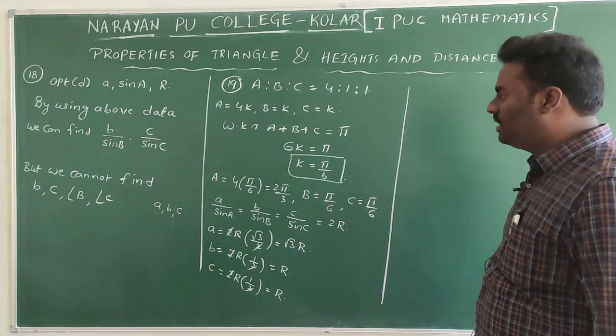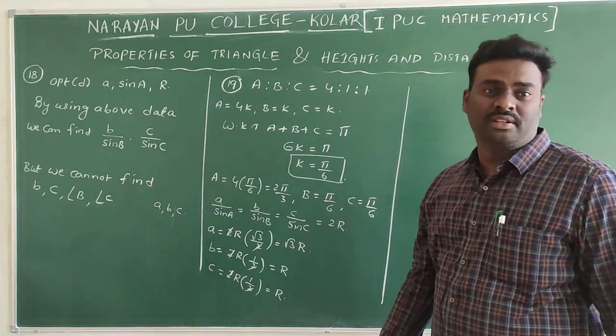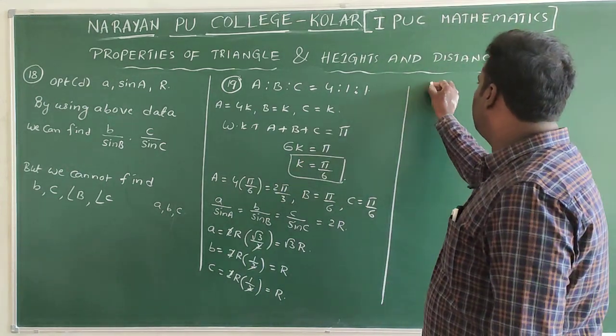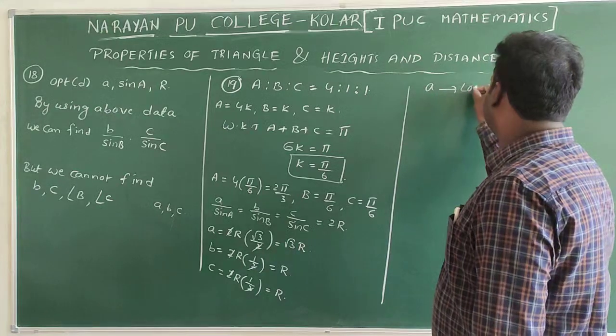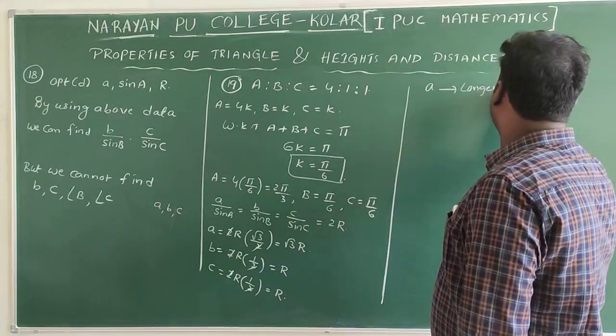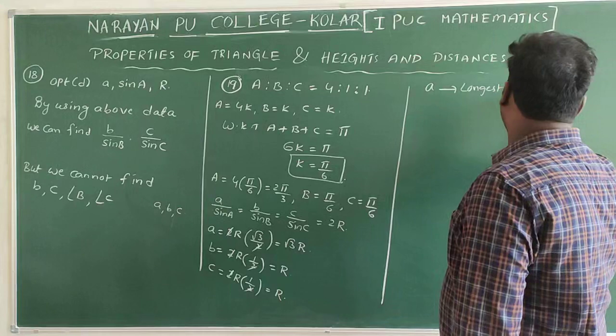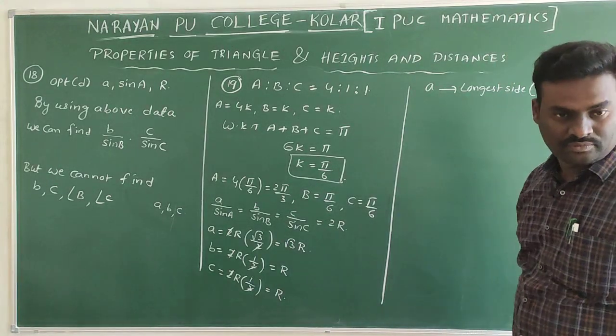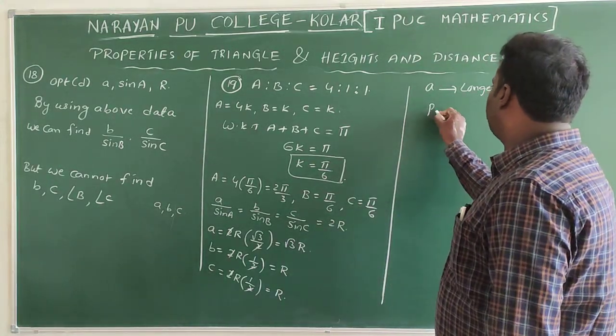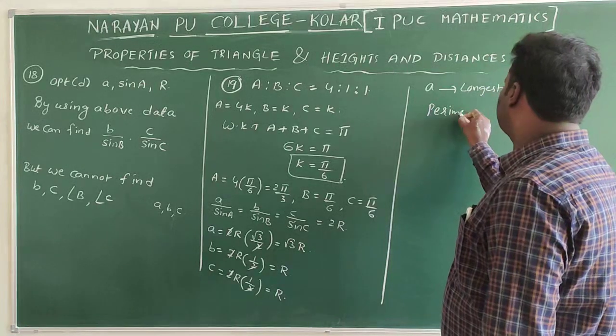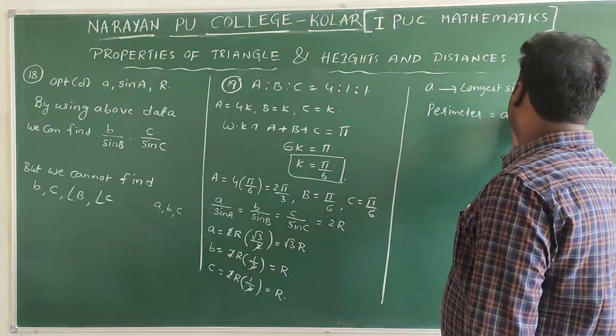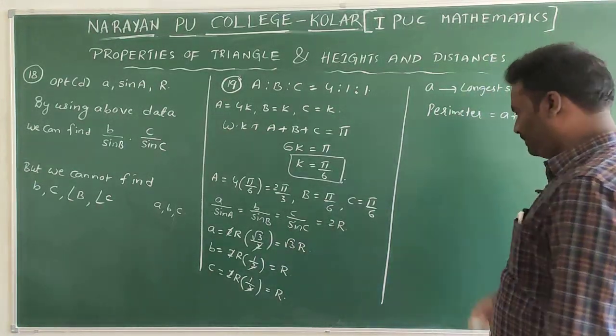Now, in this, what is the longest side? a. a is the longest side. The length is root 3 R. What is the formula for perimeter? Perimeter is nothing but the sum of the sides, a plus b plus c.